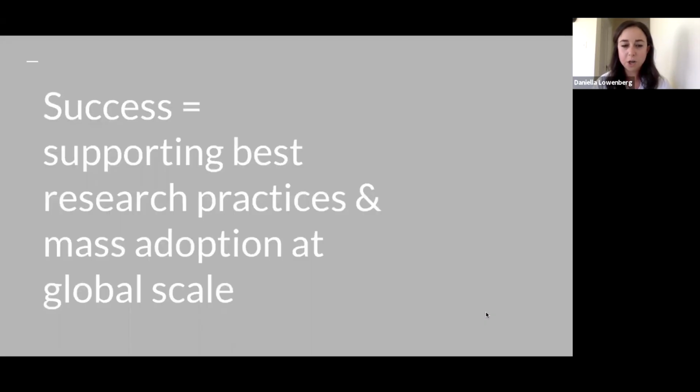What we're really thinking about is, if we want to achieve best practice and see mass adoption of open data publishing, open software publishing, infusing institutional values, we have to be thinking at the global scale, because that's how research works. Part of that is making things as seamless as possible.